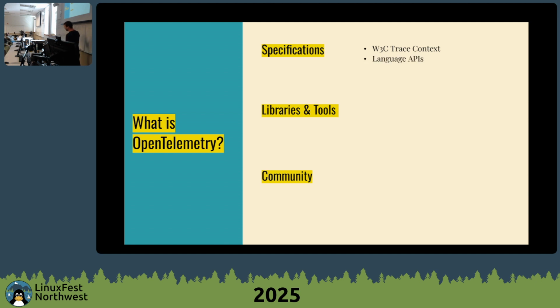Then we have the language APIs. OpenTelemetry calls these the APIs and the SDKs separately. The reason for that is if you are the vendor providing a library, for example, say you make the Express library for Node.js, your library can make calls to the API functions that have a no-op implementation.